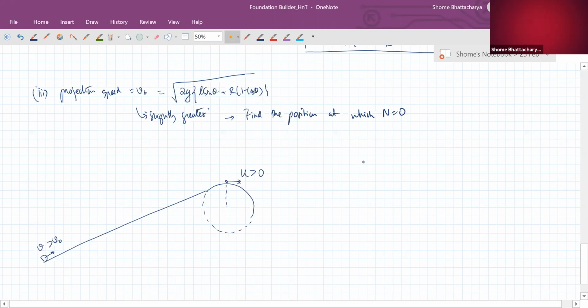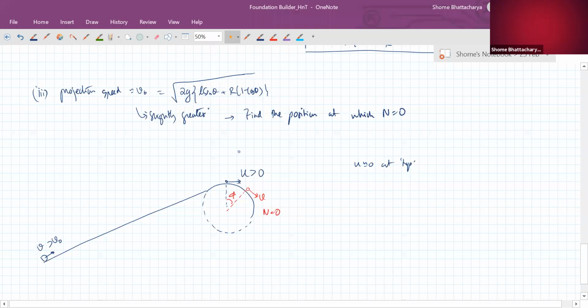So this u is almost tending to zero at the top. Okay. So from here, if it goes to a position like this, to some angle, let's say phi or something, where it loses contact.